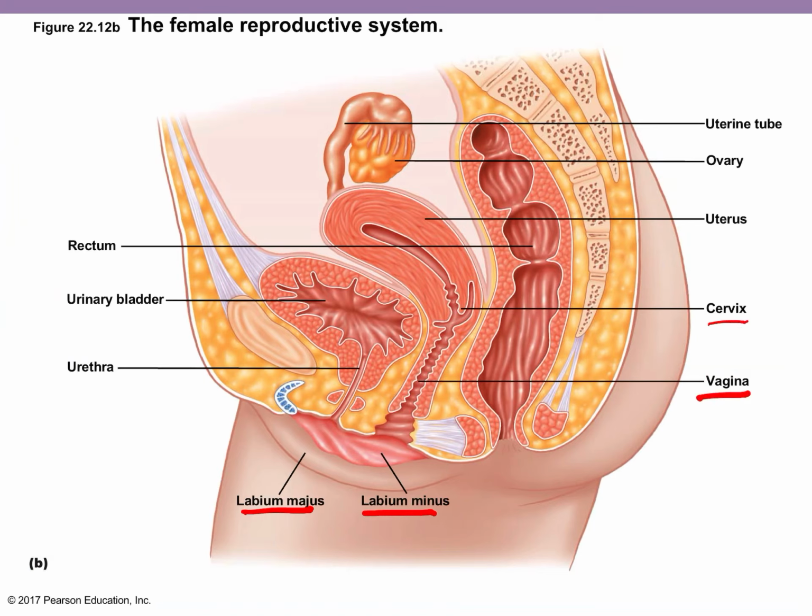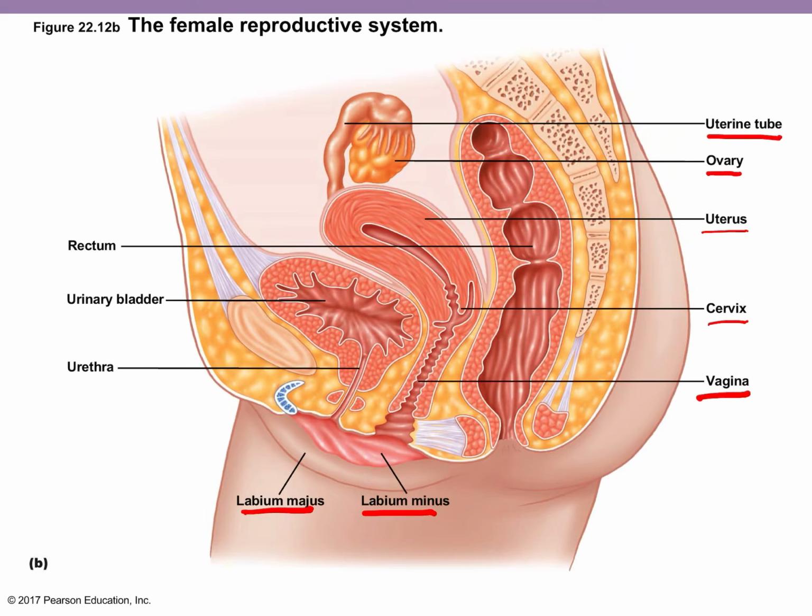The cervix is the inferior portion of the uterus. Here we have the uterus, which of course receives the fertilized egg and houses the growing embryo and fetus. Our ovaries are the gonads. The uterine tubes are going to receive and propel the oocyte and push it towards the uterus. And then that's about it.